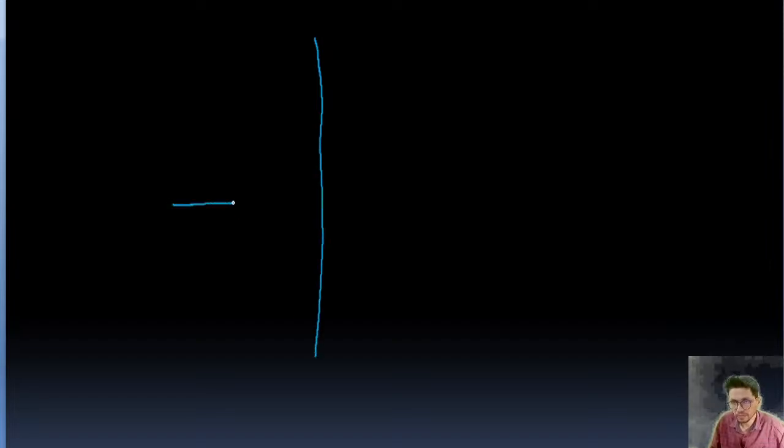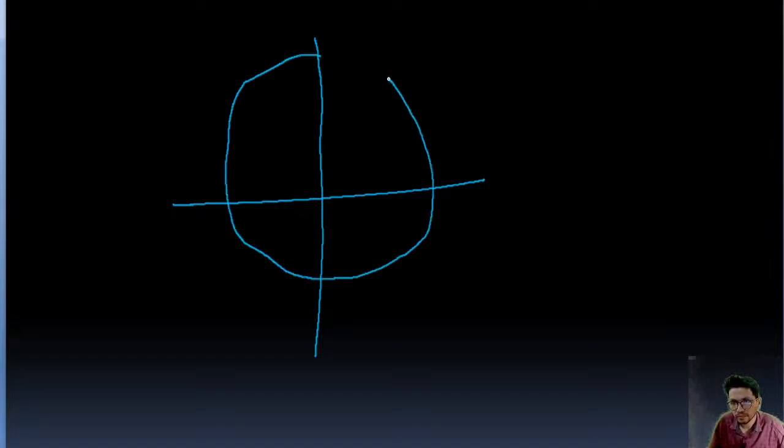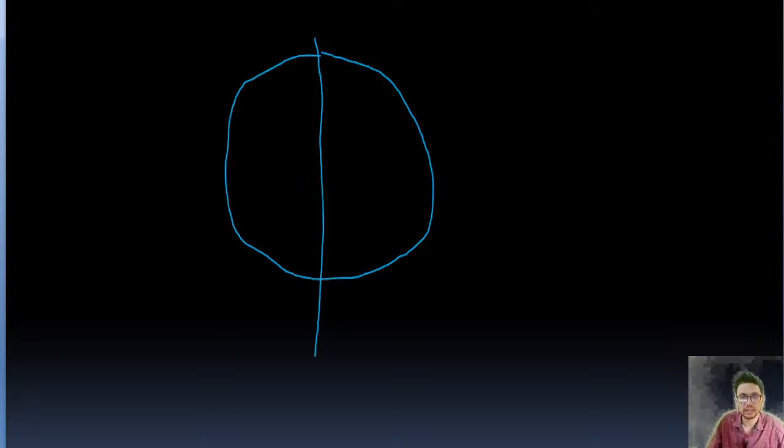So I'm going to make it. This is the x-axis and this is a circle. It's not exactly looking like a circle, but consider it a circle, guys, and these are straight lines.